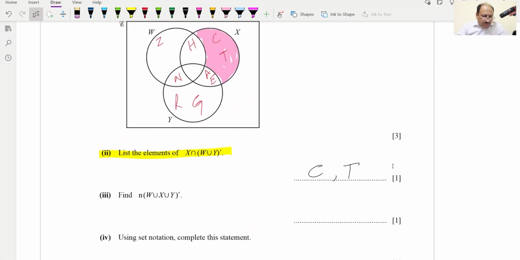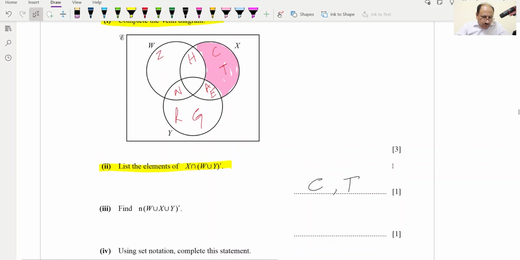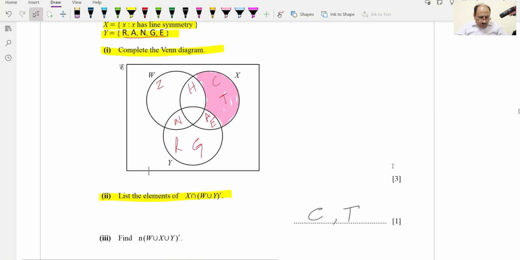The complement of W union X union Y will be the outer region. We need to check if the outer region has any member.